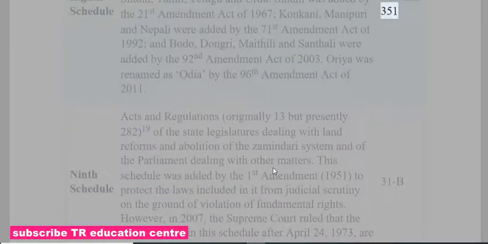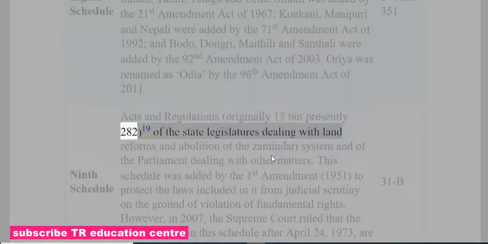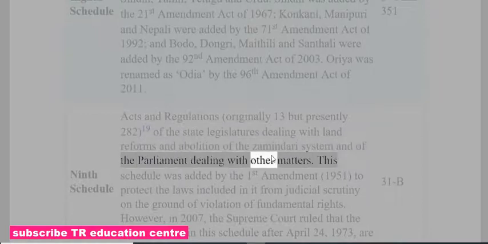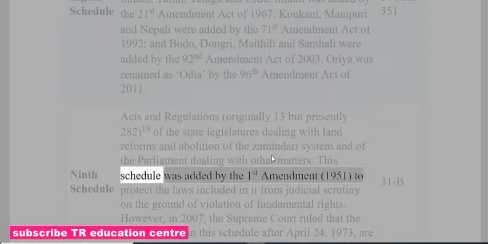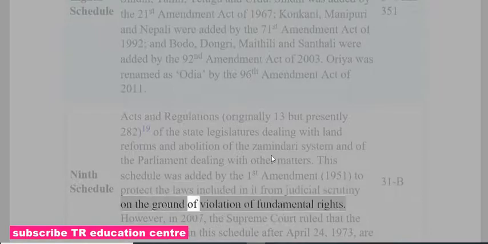9th Schedule. Acts and Regulations, originally 13 but presently 282, of the state legislatures dealing with land reform and abolition of the Zamindari system and of the Parliament dealing with other matters. This schedule was added by the First Amendment, 1951, to protect the laws included in it from judicial scrutiny on the ground of violation of fundamental rights.